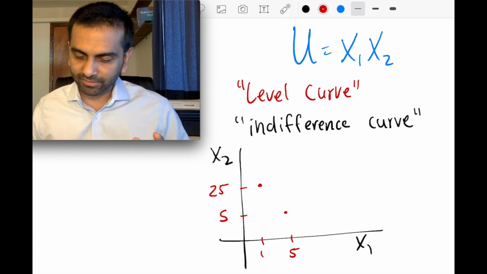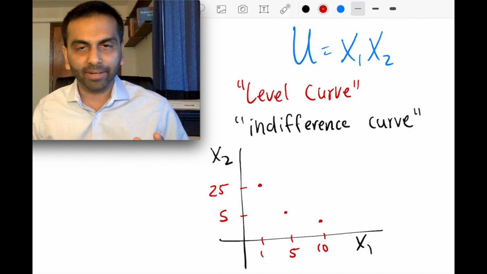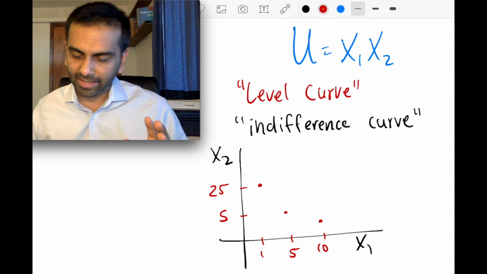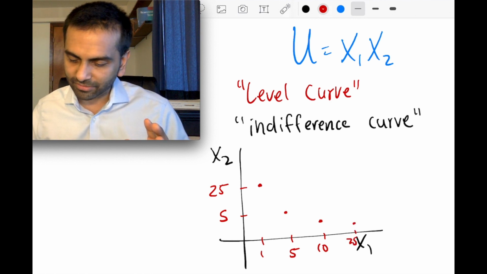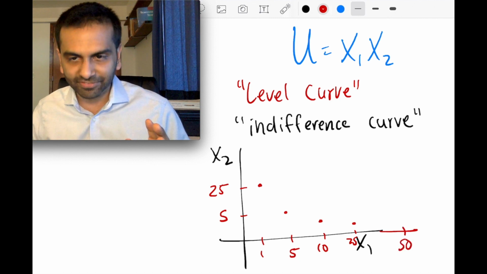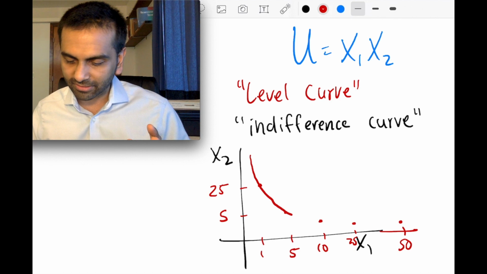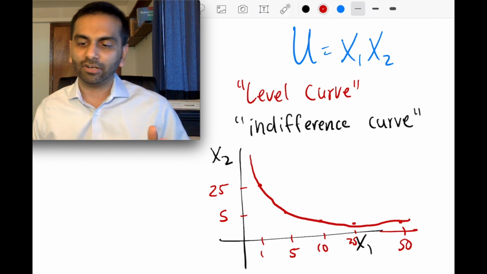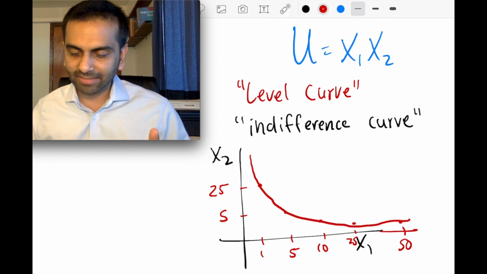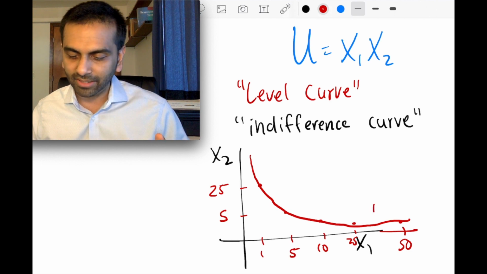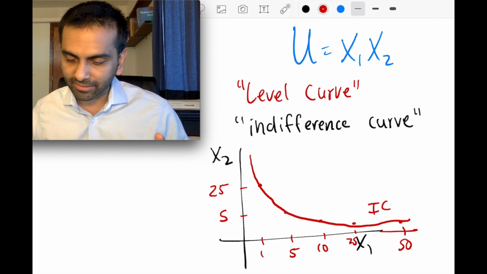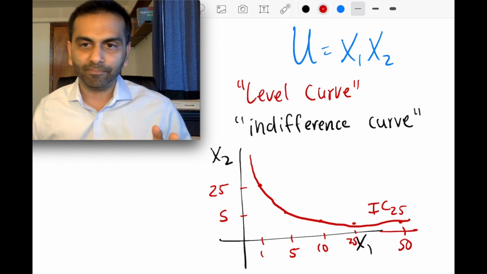If this was 10, then this is 2.5, whatever 25 divided by 10 is, and so on. If this was 25, this would be 1. If this was 50, this would be a half. 50 times a half is 25, right? So long story short, in this example, it looks like this. It's getting closer and closer to 0, but won't quite hit there. And that's called an indifference curve, an IC. But specifically, it's the indifference curve for 25 utils of utility.